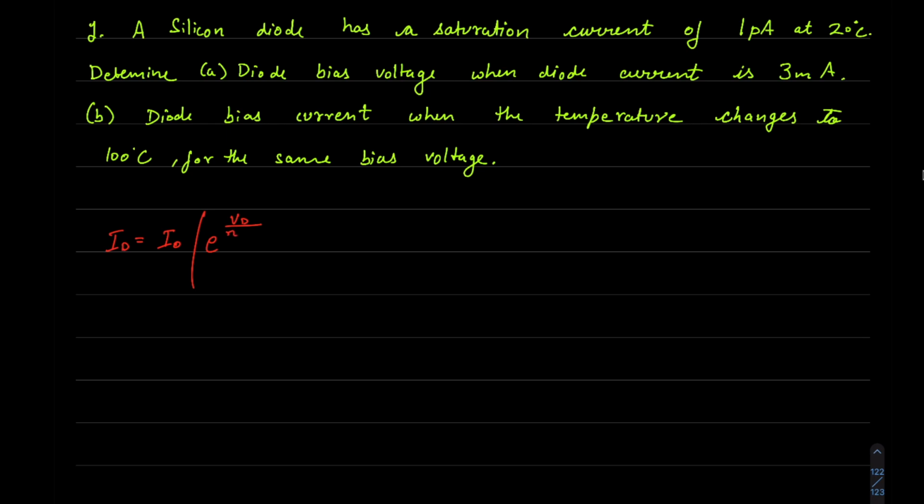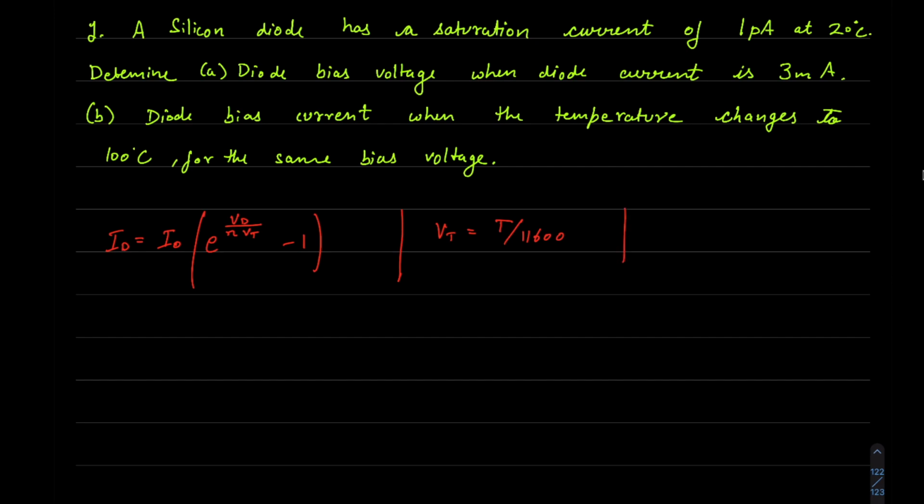For silicon, it's 2. For germanium, it's 1. VT, voltage equivalent, or thermal voltage, in volts, minus 1. And with this we'll be able to find VT with the formula VT equal to T over 11600.